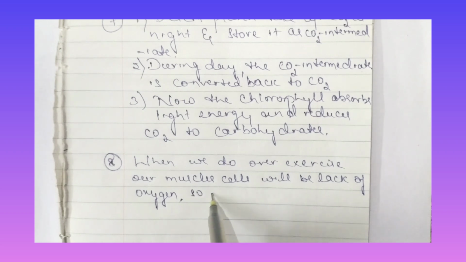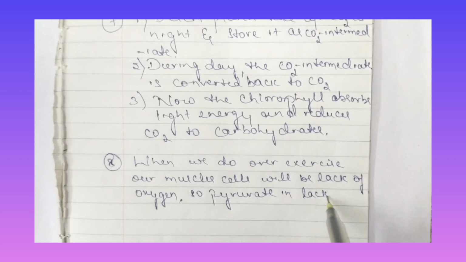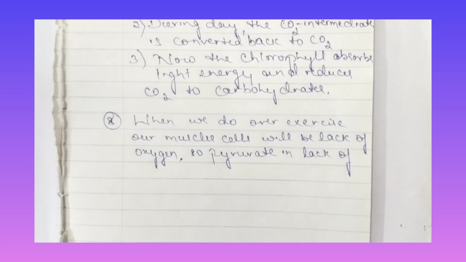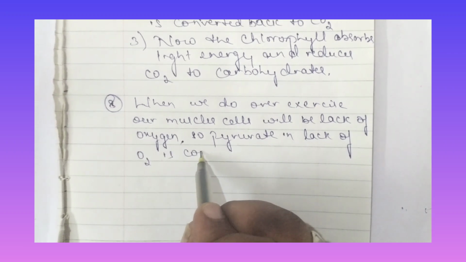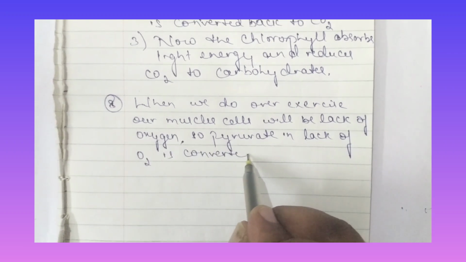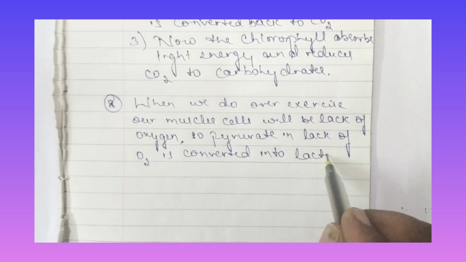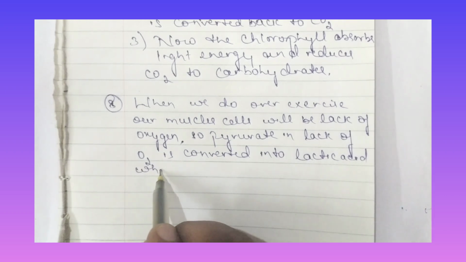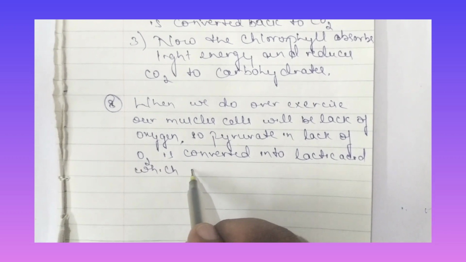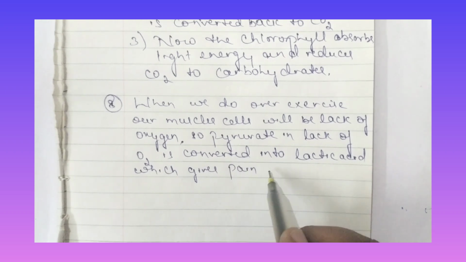So pyruvate, in the lack of oxygen, is converted into lactic acid, which gives pain to muscles.